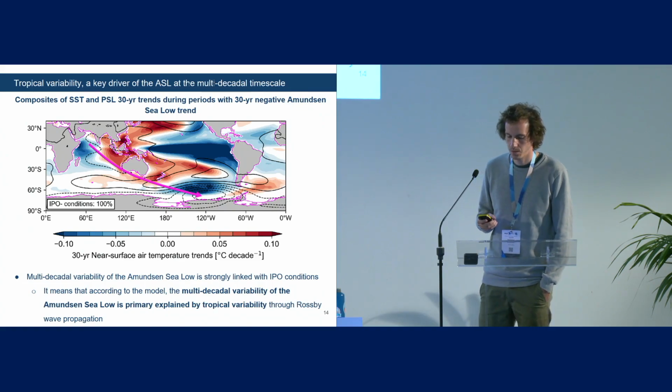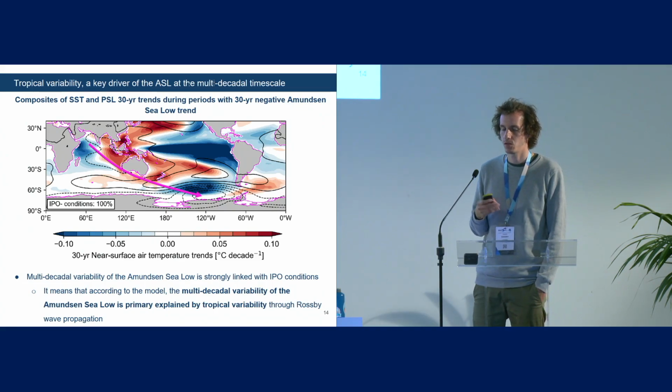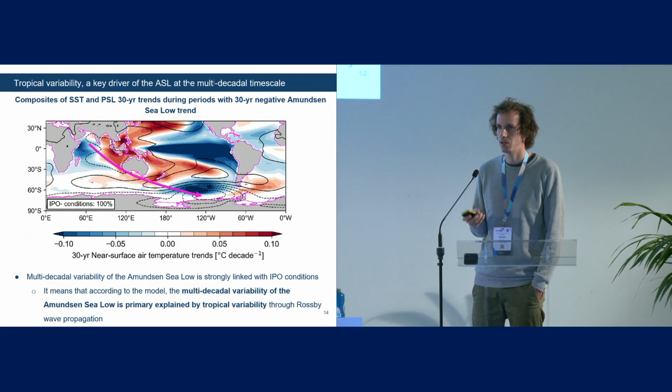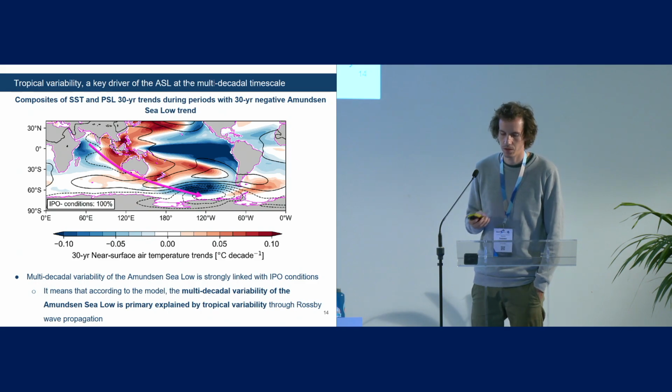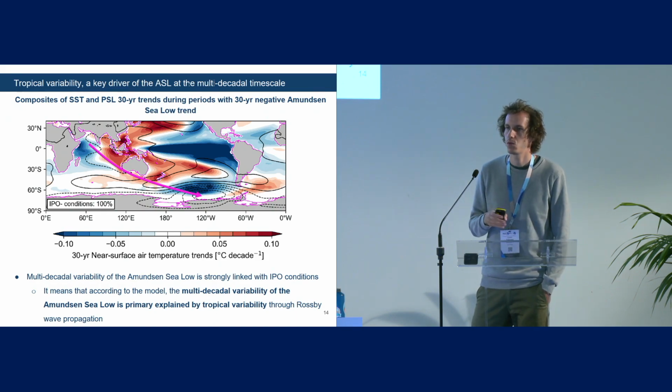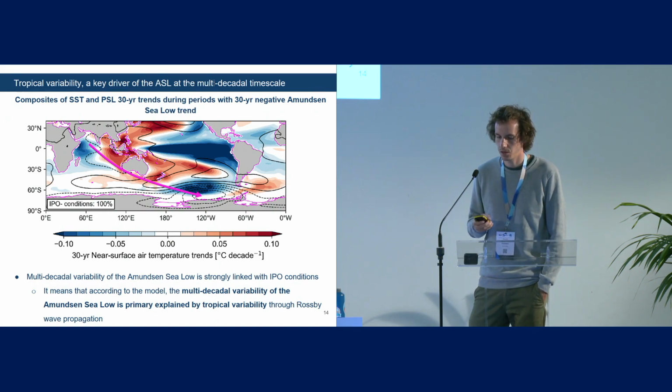And to further study the impact of tropical variability on the atmospheric circulation changes in West Antarctica, here I represent a composite of sea surface temperature and sea level pressure of a 30-year trend, only for periods where we observe a deepening of the Amundsen Sea Low.